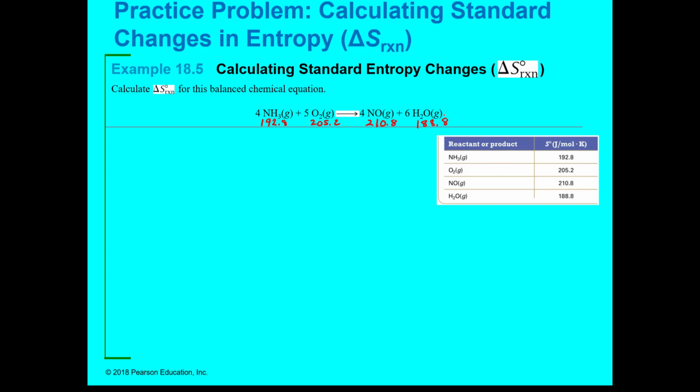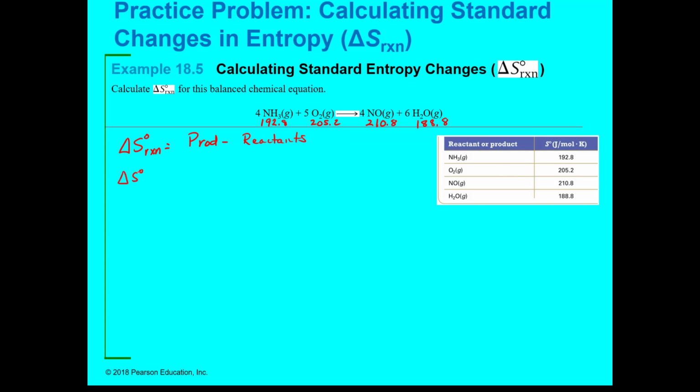Like if we were doing delta H, that O2 would be a 0, right? But in entropy, they're going to have a number associated with them because they're not a perfect crystal at 0 Kelvin. And so for me to calculate this, the delta S0 of the reaction is going to be the delta S0 of the products minus the reactants.